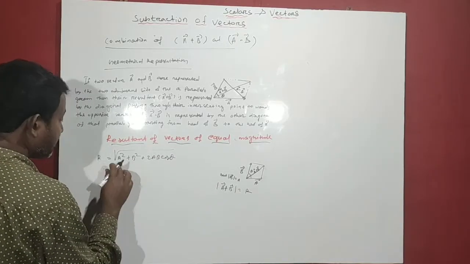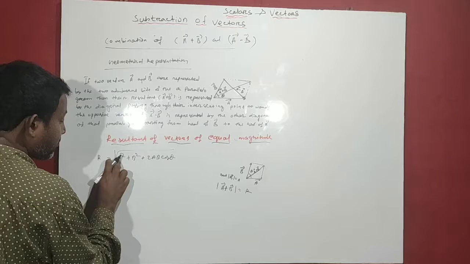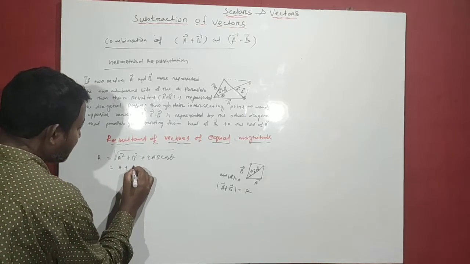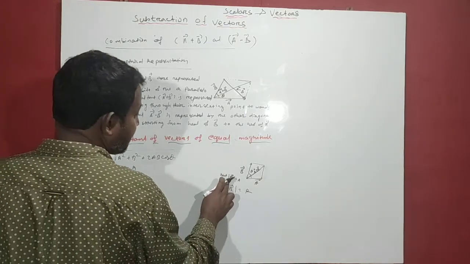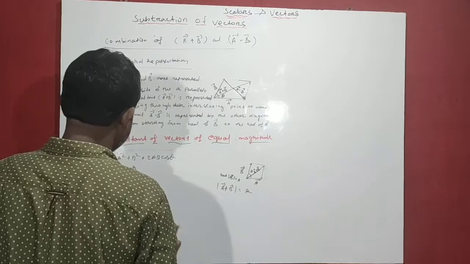The magnitude of A vector is A, and the magnitude of B vector is also A, because they are equal in magnitude.